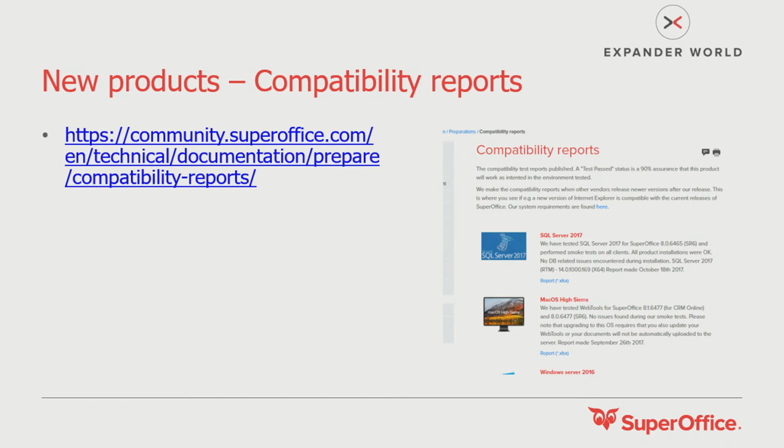I said a few words before, so compatibility reports: when the new server version is out, Office version is out, OS is out, we test all our products against that, and we produce a nice spreadsheet, the compatibility report, and publish it. I'm just about to publish it for Office 2019. There's the URL, and I also update the table in the preparations, the tested version, so there are these green checks and red crosses.